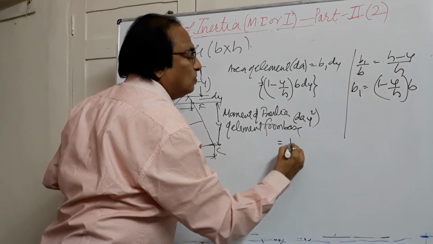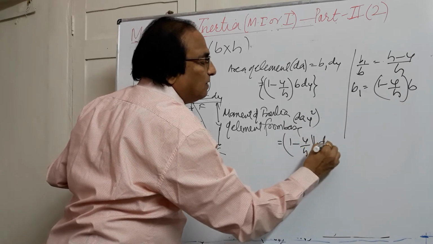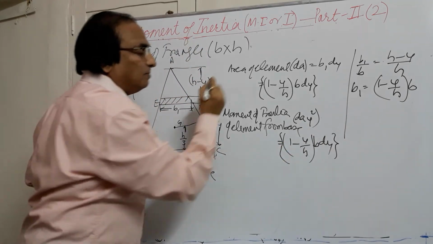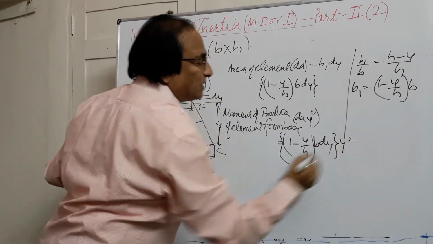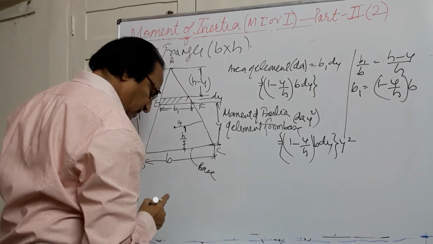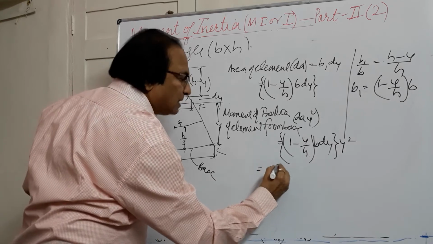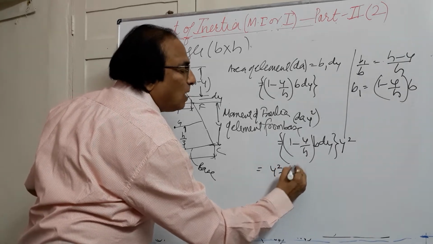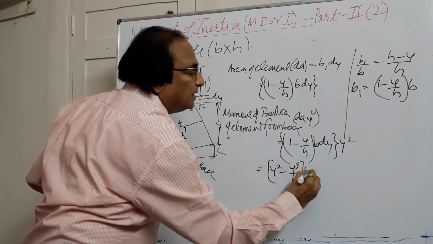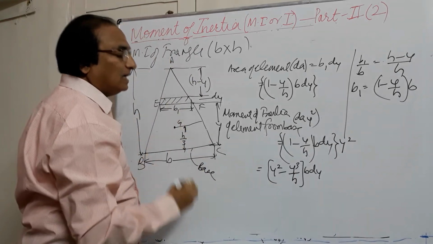So this will be equal to 1 minus y by h into b into dy, whole multiplied by the distance of the element from base, y square. Now this is the moment of inertia of one elemental strip. So I can write it as y square minus y cube by h into b into dy. I am multiplying this y square inside. So this is for one elemental area.